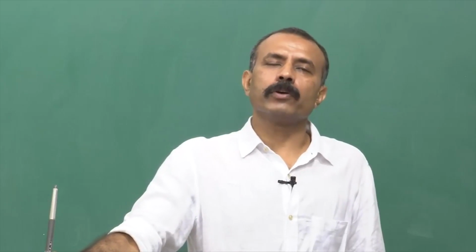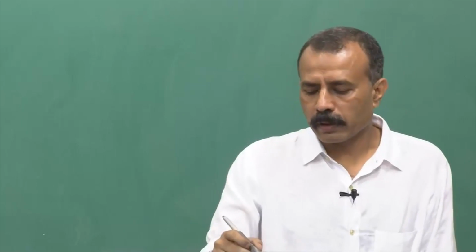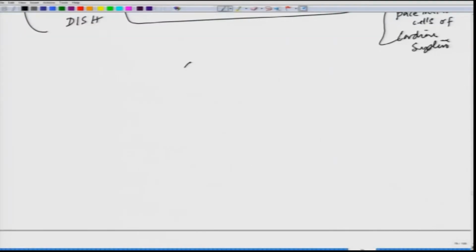or the hippocampal neurons, if you classify them, fall under 2 types. Either they will be glutamatergic or they will be GABAergic, or a small population which is cholinergic.